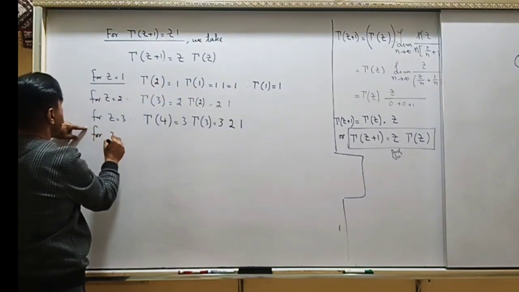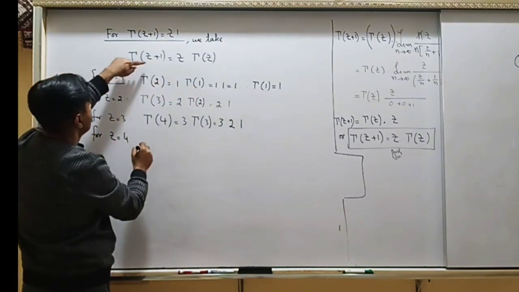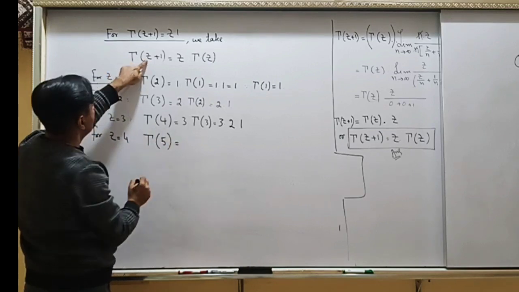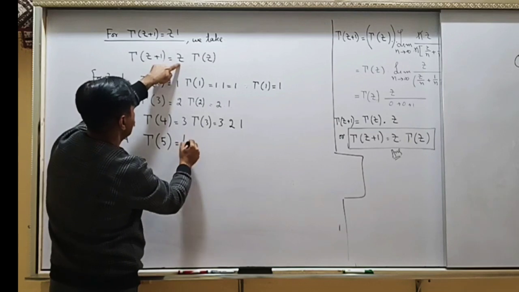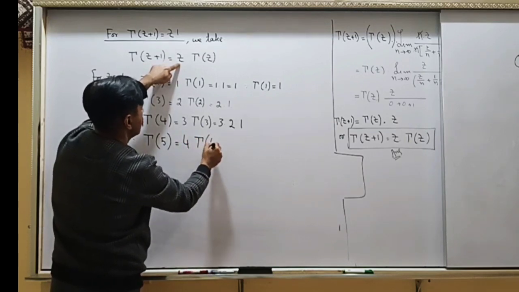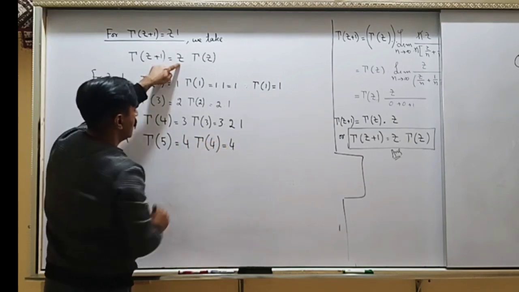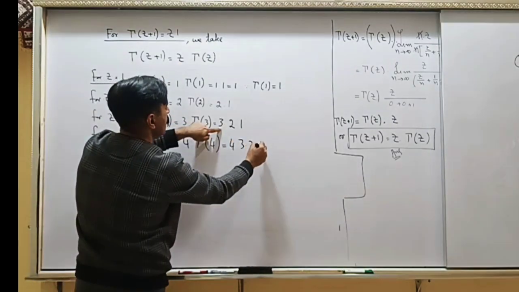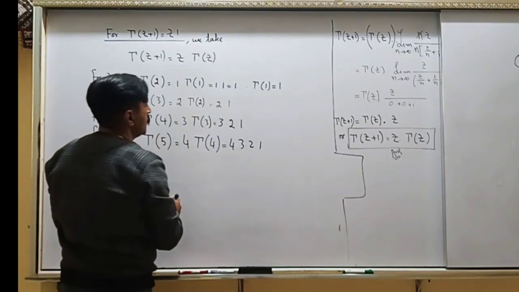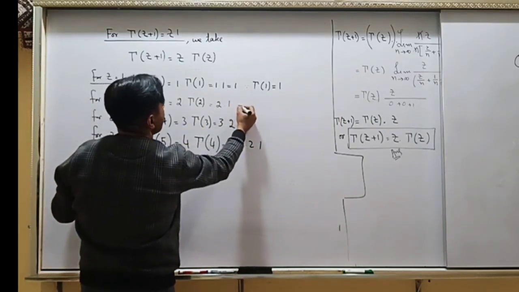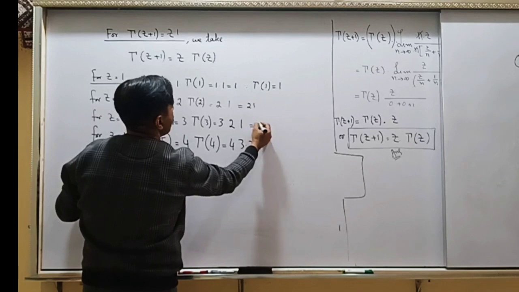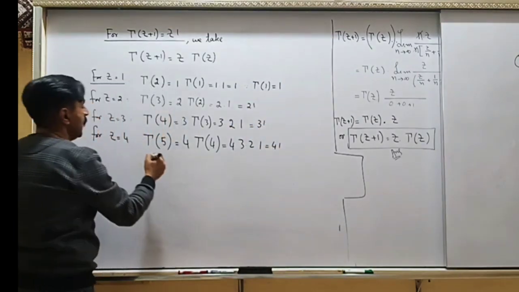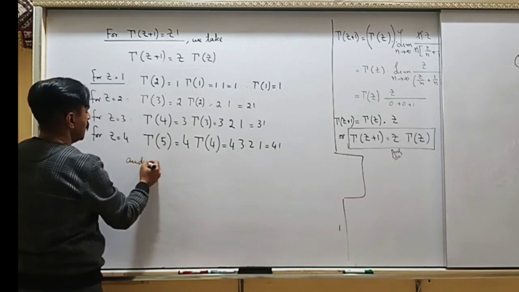For z equal to 4, this relation will give you gamma 5, since 4 plus 1 is 5, and here 4 into gamma 4, and gamma 4 is here, and this is 4, 3, 2, 1. Now look, 2 into 1 is 2 factorial, 3 into 2 into 1 is 3 factorial, this is 4 factorial, and so on.